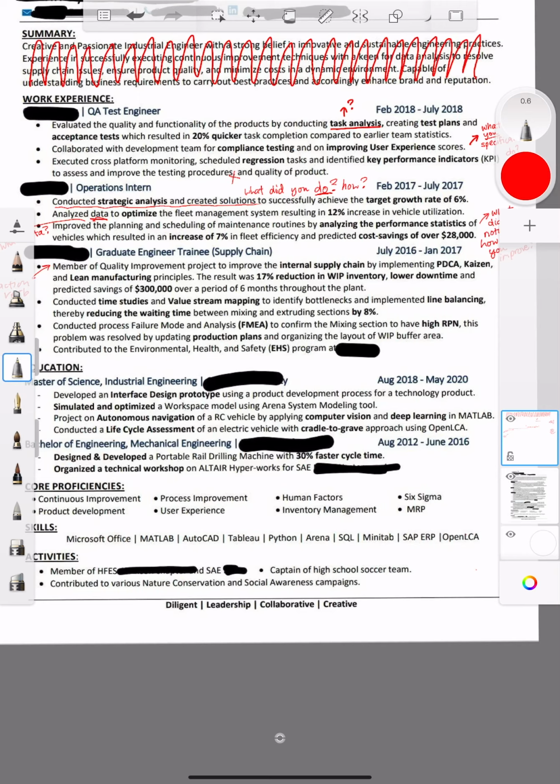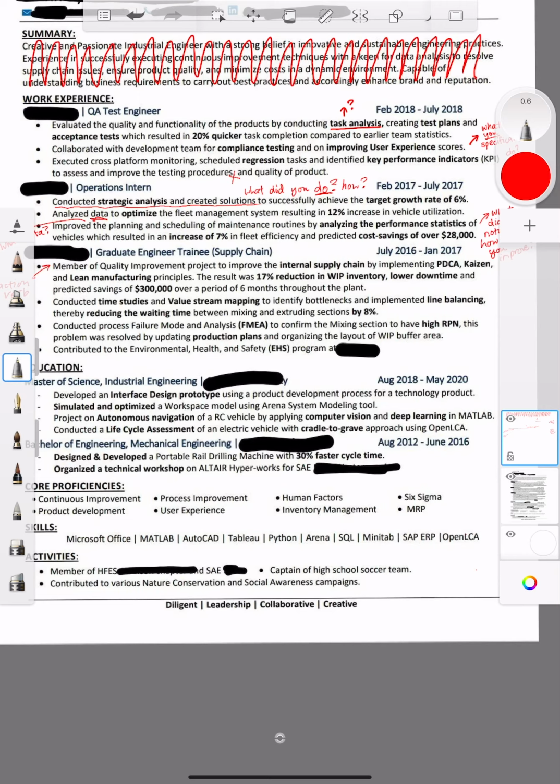Let's read a little bit more. This result was a 17. Okay, so the result of this project was a 17% reduction in WIP inventory, which I guess is work in progress, lower downtime, and projected savings of $300,000 over a period of 6 months throughout the plant. Again, strange use of bold.